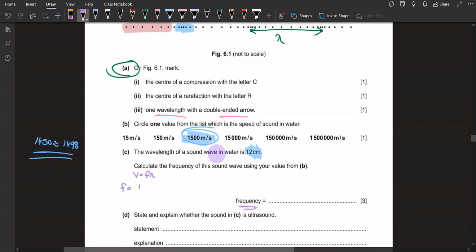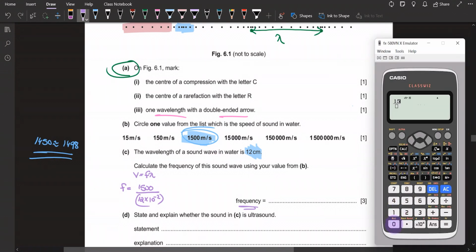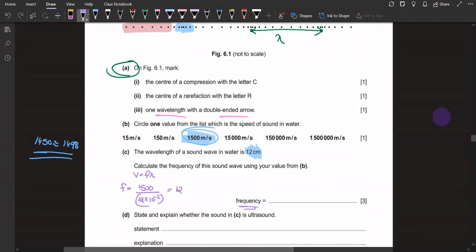So for V we have 1500, which is going to be divided by 12 into 10 raised to the power minus 2, as this is how you convert centimeter to meters. So we put this on our calculator, 1500 divided by 12 into 10 raised to the power minus 2. This is going to be 12,500, and we can round it off to 13,000. So our answer is going to be 13,000 hertz.